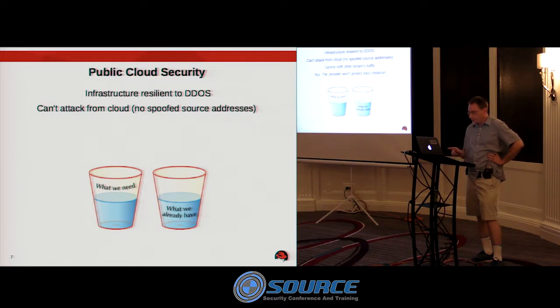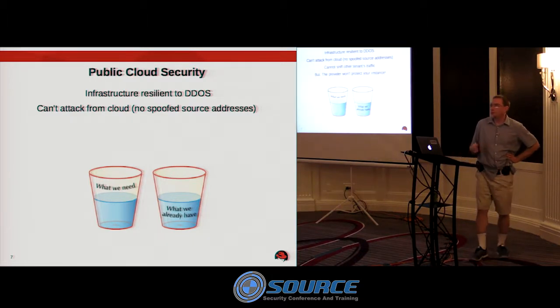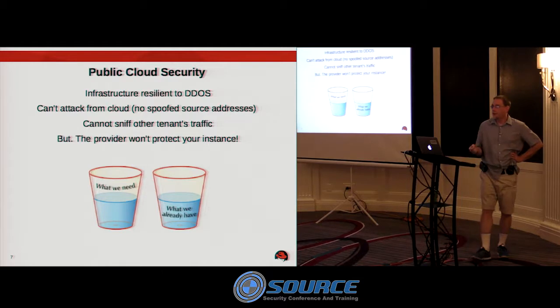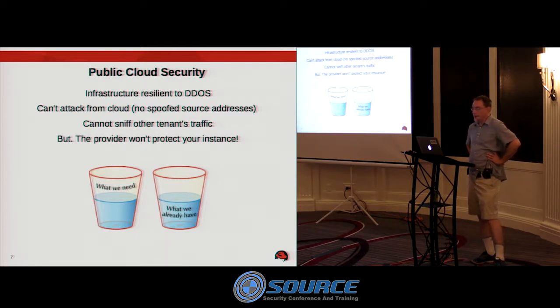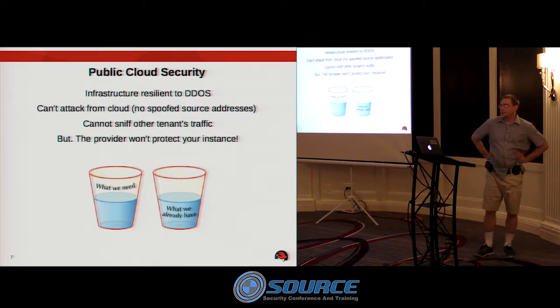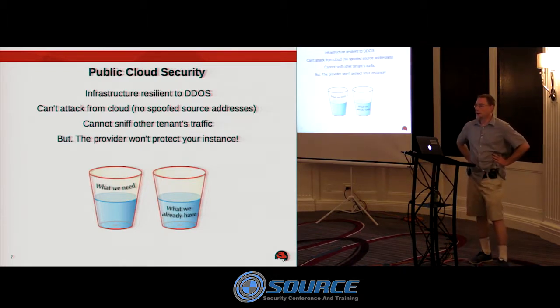You cannot spoof your IP address from within the cloud because typically they have a firewall over your instances or your tenant, which stops that. You have no access to physical wires, so you can't sniff other tenants' traffic.